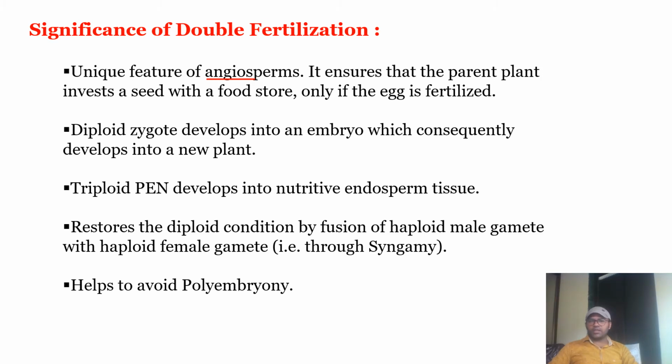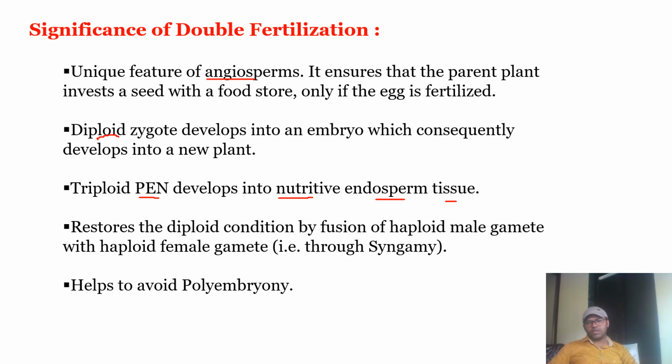Now the diploid zygote, which develops from syngamy, develops into a new plant through formation of the embryo. Next, the triploid primary endosperm nucleus develops into nutritive endosperm tissue.